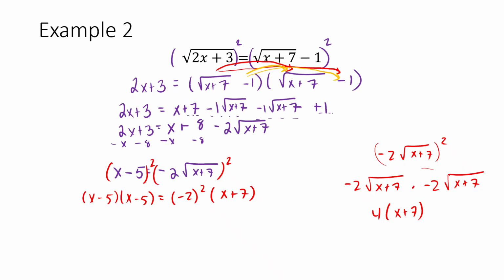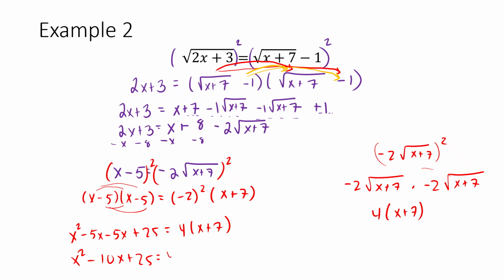Over here on the left, I am just going to go ahead and multiply it through. So I have x squared minus 5x minus 5x plus 25 is equal to 4 times x plus 7. So this will be x squared minus 10x plus 25 is equal to 4x plus 28. Are you having fun yet?